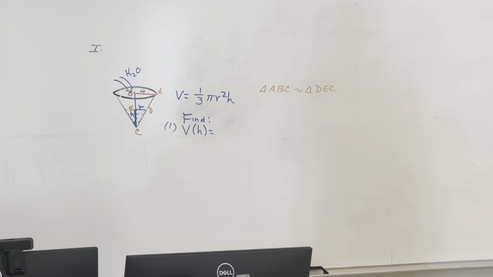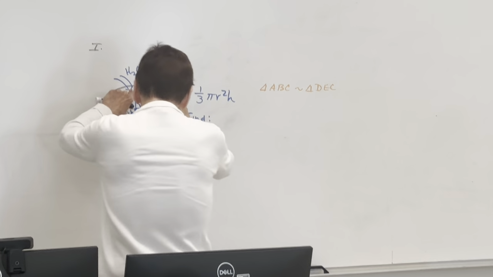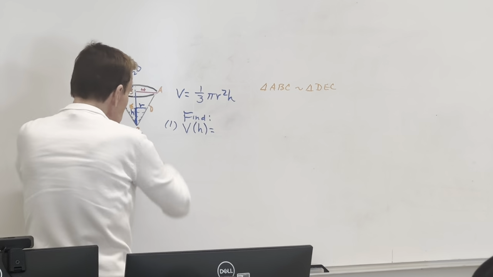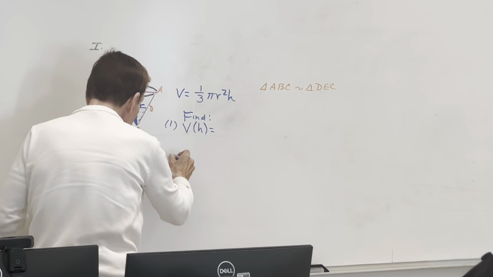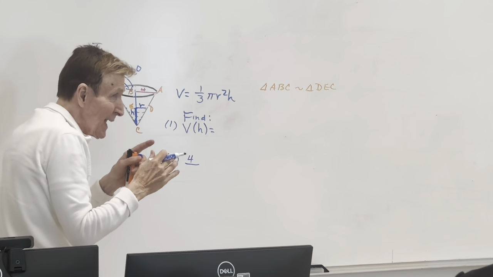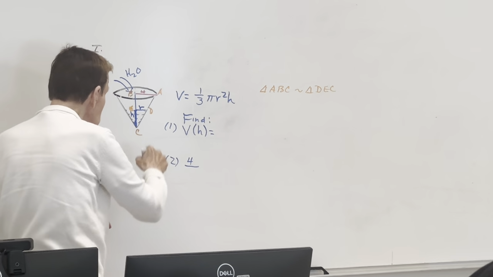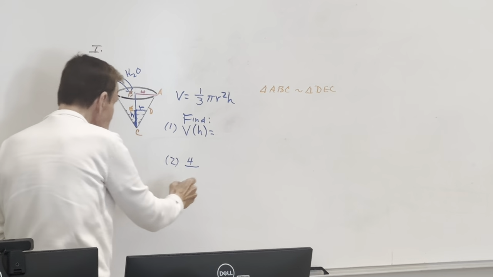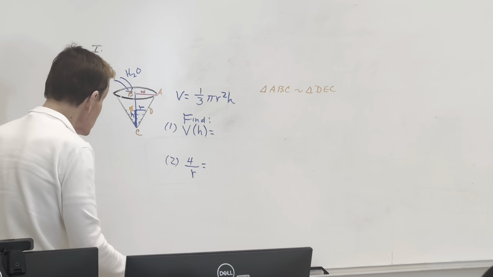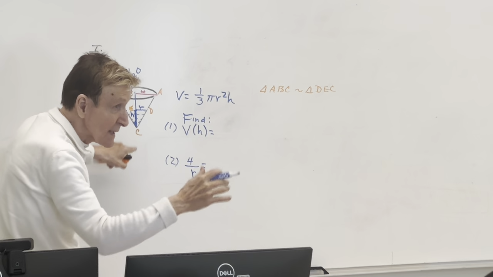So if I start comparing side to side, I'm going to compare this 4 he gave me, which is one side of that large triangle, to the side here. Let me do a ratio. 4 is to, and what's acting as 4 on the smaller one? Not H, R. 4 is to R as, going back to the large one, the height, which I think was 16.